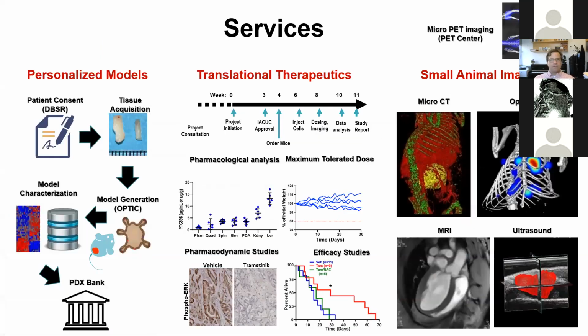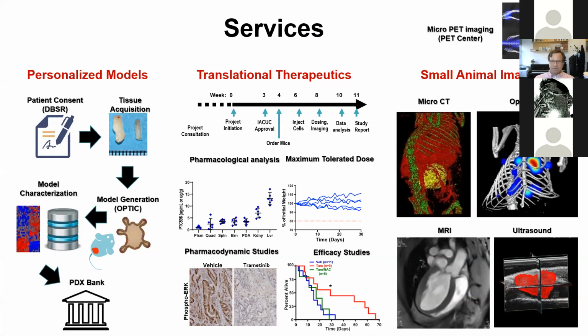All right, so the Oncology, Precision Therapeutics, and Imaging Core, OPTIC, which we're very proud of our acronym, has three main areas of service, and these are broadly broken down into the generation of personalized models, the conducting of translational therapeutics studies, so actually running drug studies on mouse models for users, and then access to and utilization of small animal imaging technologies.